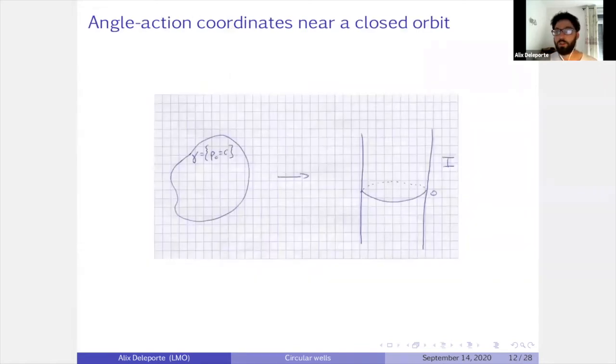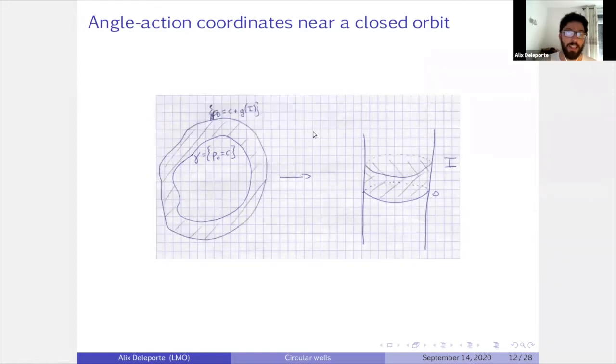You can somehow prove this theorem just by drawing pictures. So here is your curve gamma, which is, say, a connected component of your level set P naught equals something, and you want to map it to a neighborhood of the zero section on your cylinder. And you want to do this in a way which preserves the volume form. So if I take any connected component of a level set which is just above or just below, it's going to be a circle which is near the original gamma.